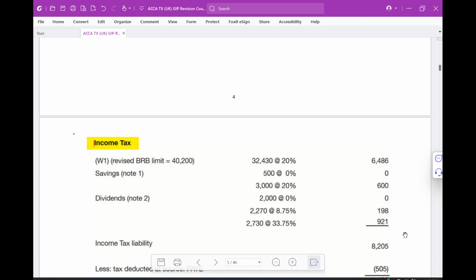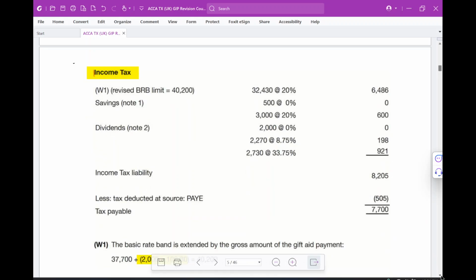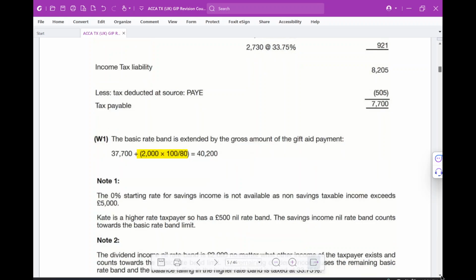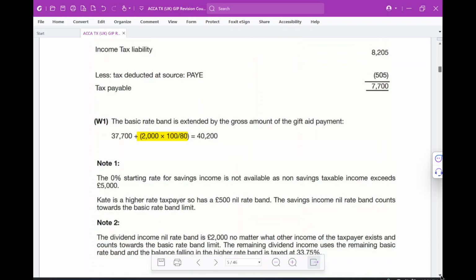Now, if we look down the page here, this is where it gets slightly more complicated, and I have several points to make in relation to this. When we get to the second column for savings income, and indeed the third column for dividend income, this is really one of the reasons that I've said we need to slow down, because there are a number of fiddly little rules that are relevant here, depending upon the level of income across the board.